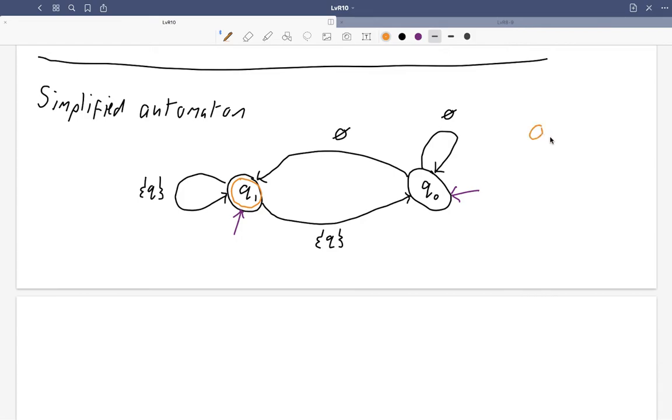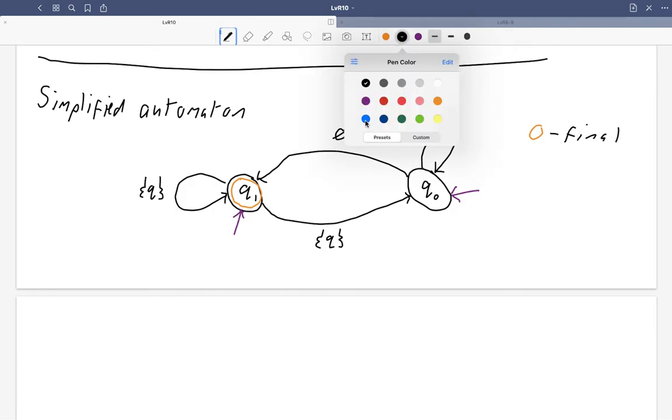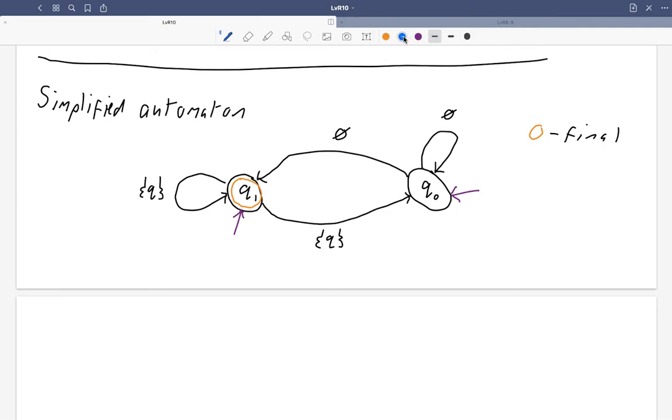Orange means accepting. Orange means final.